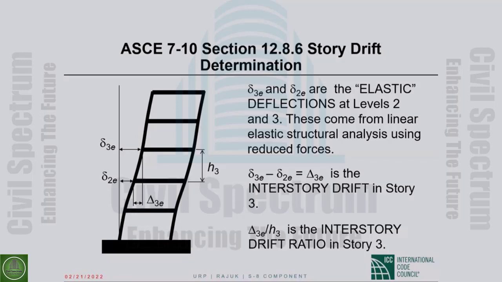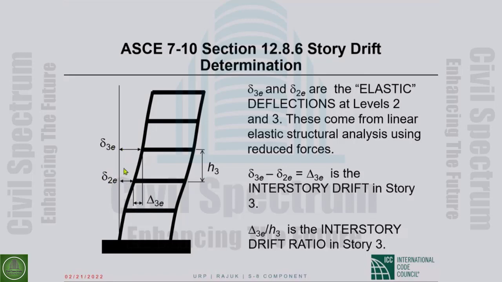The displacement coming out of that analysis for floor level 3 is delta sub 3E for elastic, and at floor level 2, it is delta sub 2E. E again is for elastic, 2 is for floor level 2. Okay.